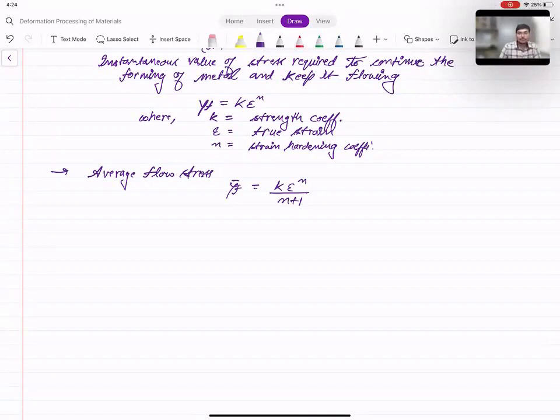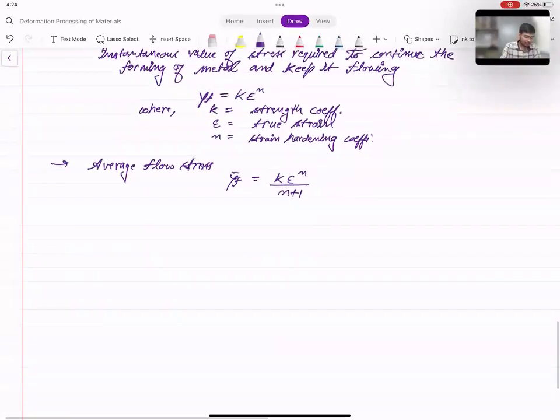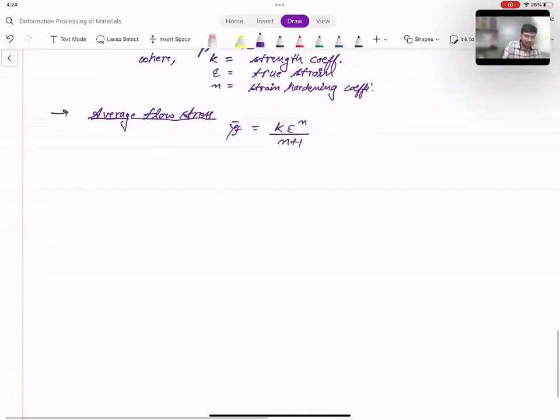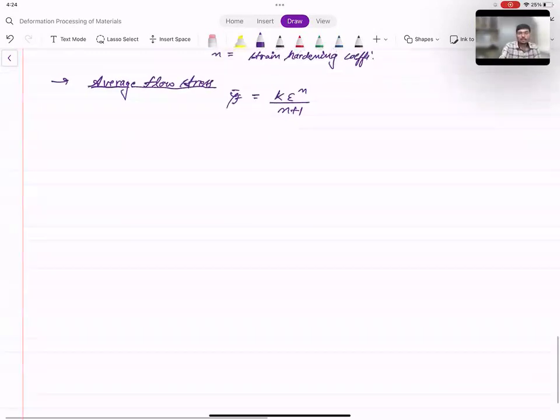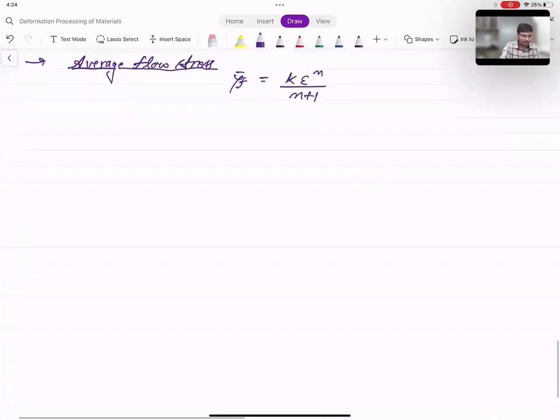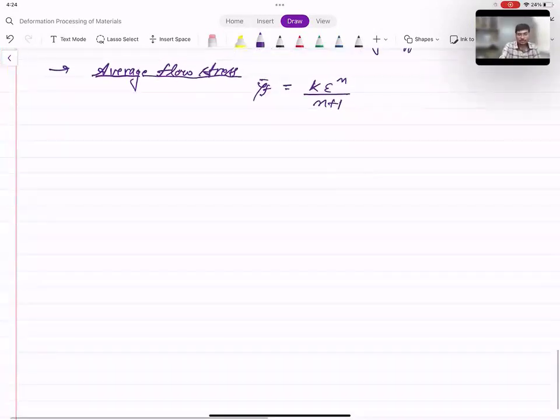Now, we have seen the relations for flow stress and average flow stress. Let us work out some numerical examples so that we can easily grasp the things. Okay, so here we have an example.